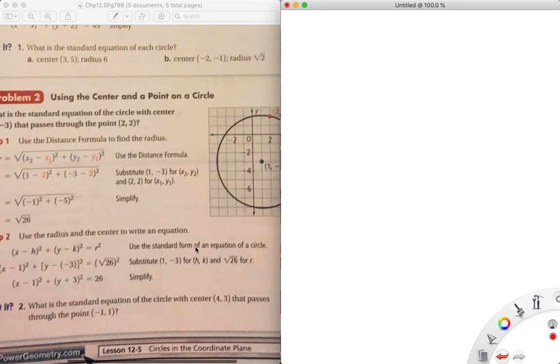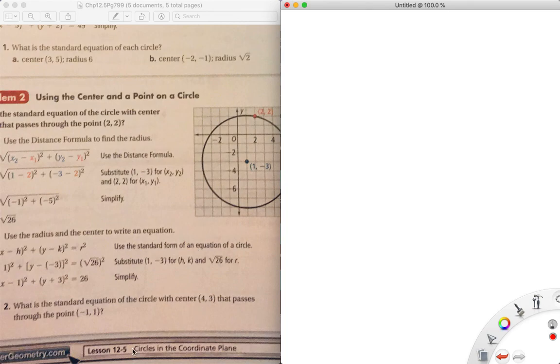So when it says it's passing through the point, the (4, 3) is the center of your circle because it's a point. And then it says the circle is passing through (-1, 1). So this is a two-step problem. The first step is to find the radius, or the distance, using the distance formula, and then after that, you can set up your equation.